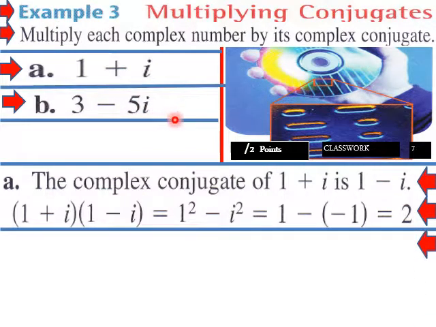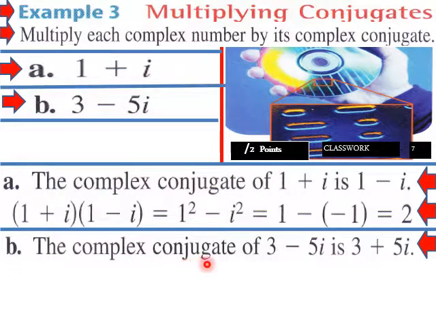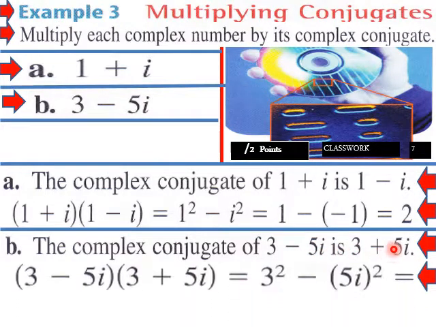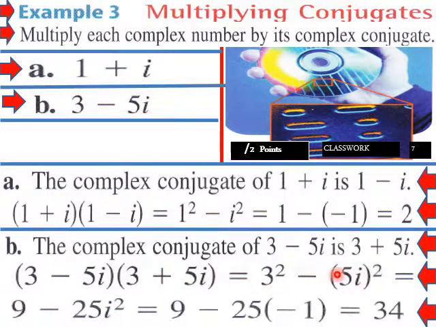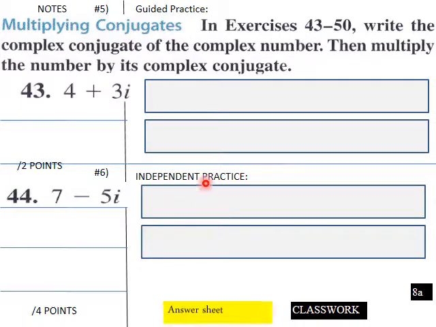Then 3 - 5i: its complex conjugate is 3 + 5i. When we multiply these together, we get 3 squared minus 5i squared, which equals 9 minus 25i squared, which equals 9 minus 25 times negative 1, which equals 34.